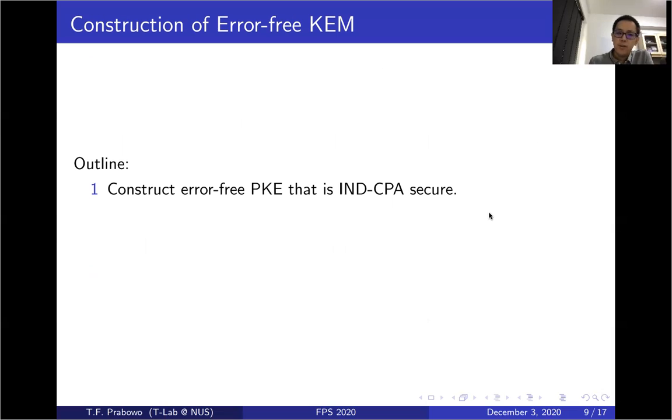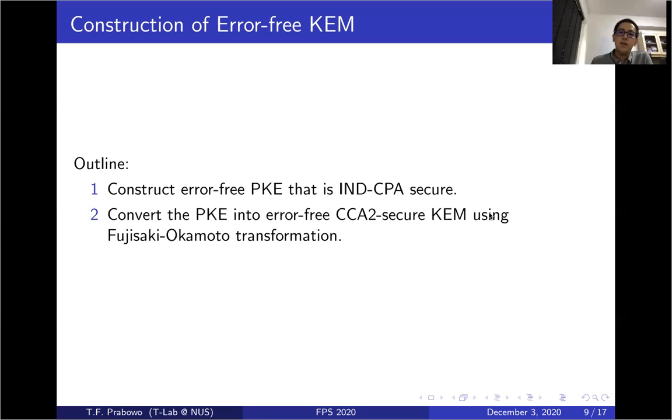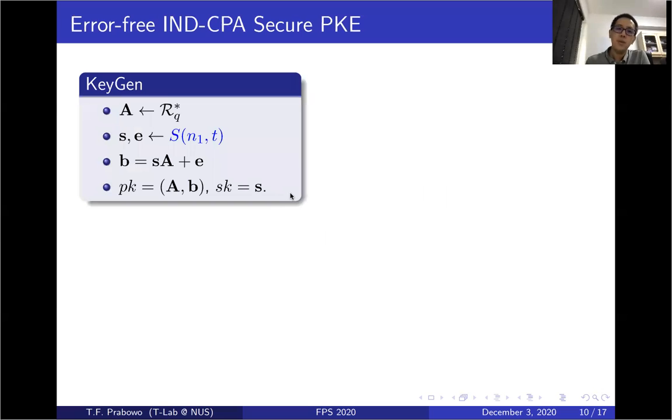It's a two-step process. The first one is to construct error-free public key encryption that is CPA secure. Then after that, we apply the Fujisaki-Okamoto transformation to convert it into an error-free key encapsulation mechanism. So once we have this CPA secure encryption, we sort of get the key encapsulation mechanism almost for free. So let's start with this encryption.